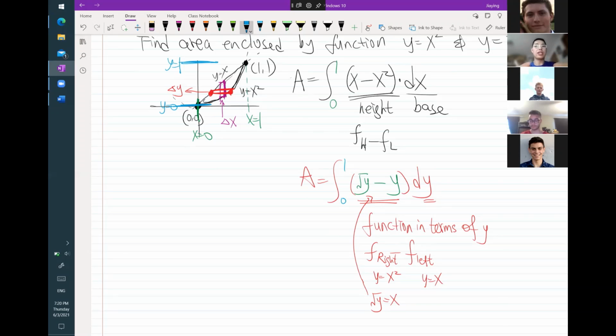That will help you identify delta x or delta y, depending on how you draw the rectangle, and it's also helpful when you try to find the boundaries for the integral.